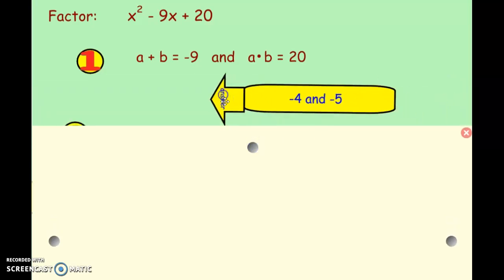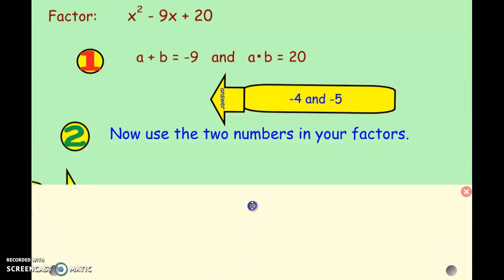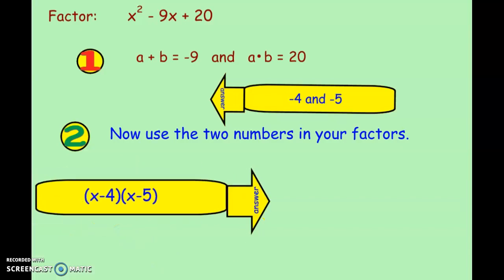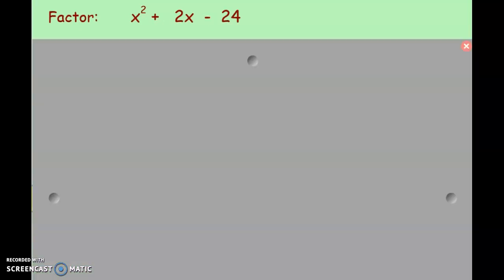You should have gotten this. A negative 4 times a negative 5 gives me a positive 20, and a negative 4 plus a negative 5 gives me a negative 9. Write them as factors. Hopefully, you got this as your answer.